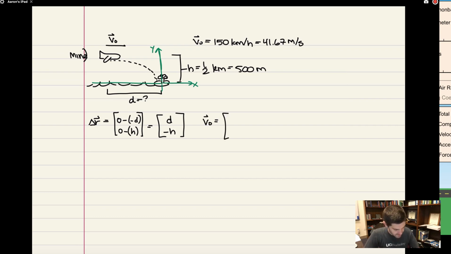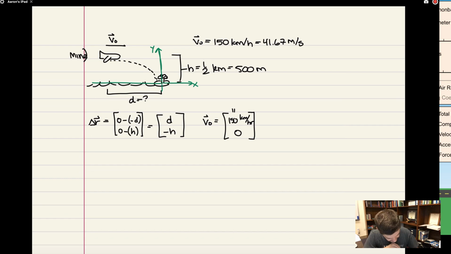What is the initial velocity of the payload? Again, by assuming that it's gently pushed off the plane, we assume that it starts essentially with the velocity that the plane had. So the plane was moving horizontally, so it had no vertical initial velocity. And then it initially was moving at 150 kilometers per hour, or 46.67 meters per second.